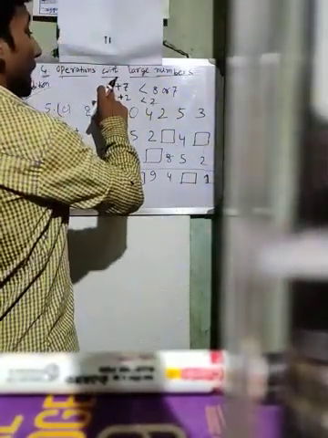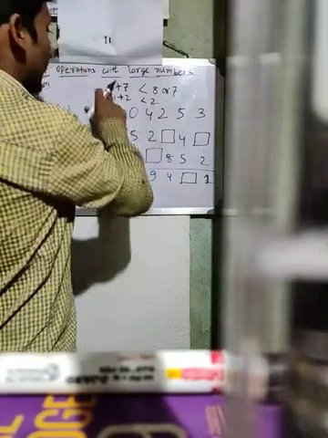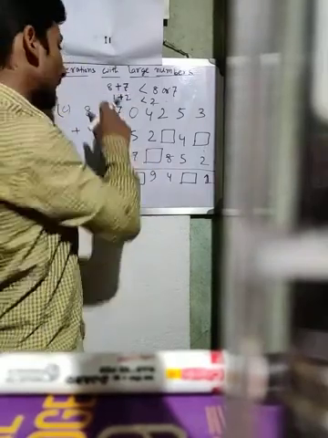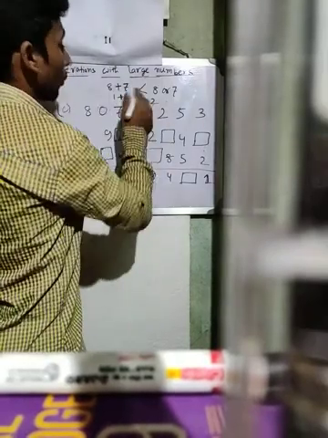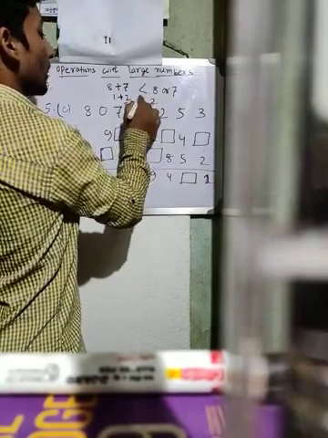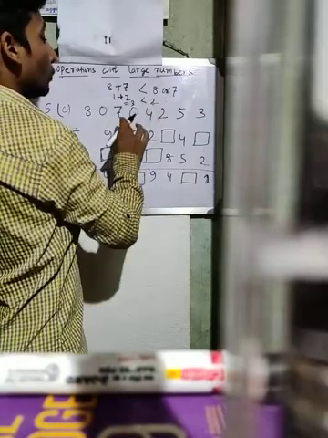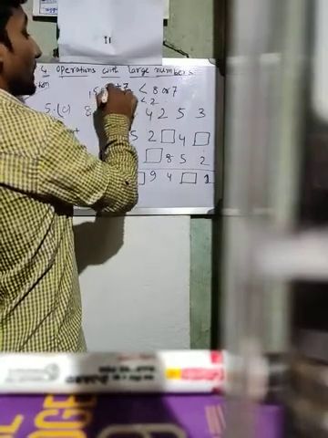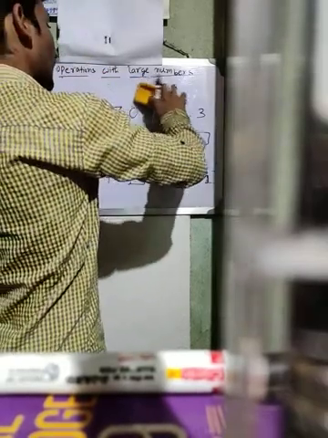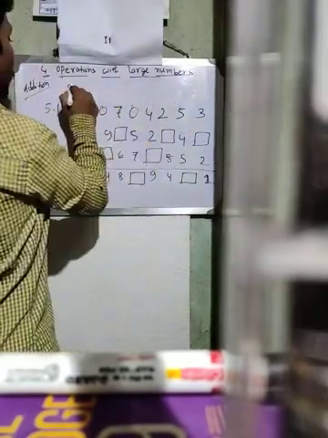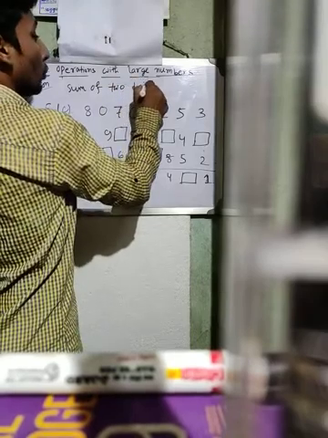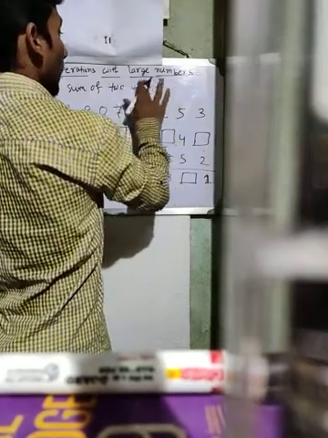That means the sum of 8 plus 7 must be greater than 8 and greater than 7. The sum of 1 and 2 is 3, and 3 is greater than 1 and greater than 2. 8 plus 7 is 15, so 15 is greater than 8 and also greater than 7.